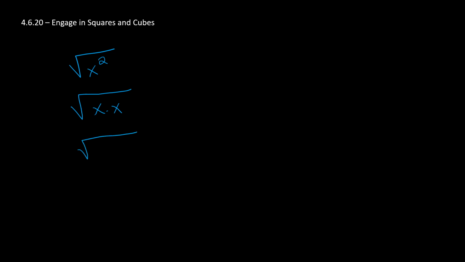So we could say the square root of x squared, we know that these would simplify out, and we're left with x. If we did the same thing with cubes, the cube root of x cubed, these values would simplify out, and you're left with x.